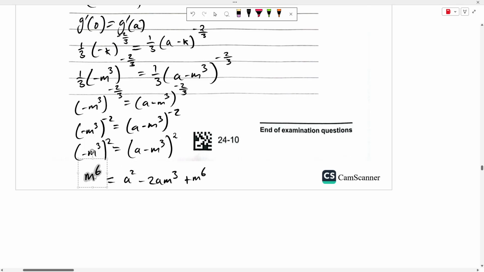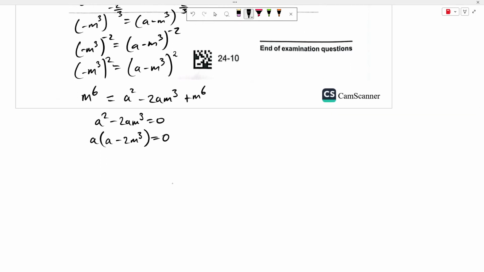And you can see if I move the m to the 6 here, then that will cancel out with this one to give a squared minus 2am cubed is equal to 0. Factor out an a, we get a times a minus 2m cubed is equal to 0. Using null factor law, a is equal to 0, or a minus 2m cubed is equal to 0, so a is equal to 2m cubed.